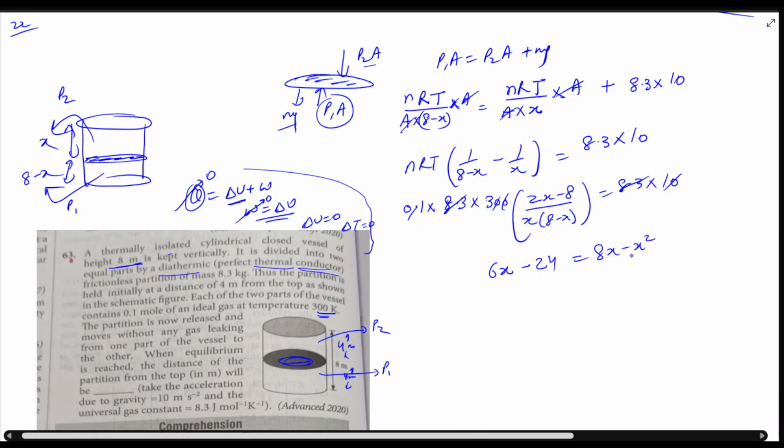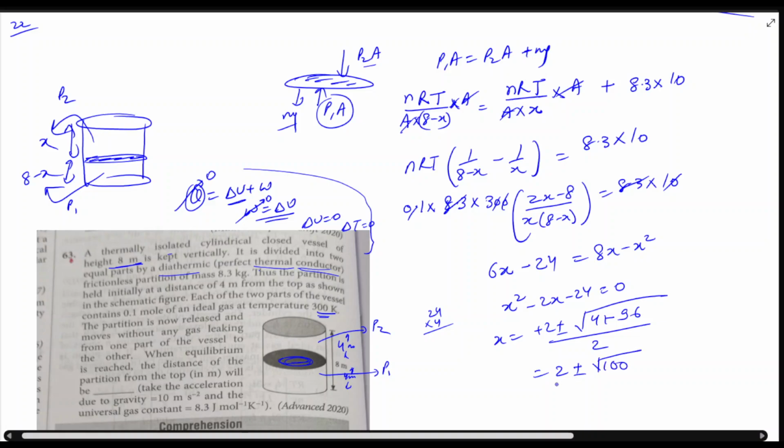So we just have to solve this quadratic equation: x square minus 2x minus 24 equals 0. We'll use minus b plus minus under root b square minus 4ac. So 24 into 4 gives 96, plus 4 is 100, so 2 plus minus under root 100, divided by 2.